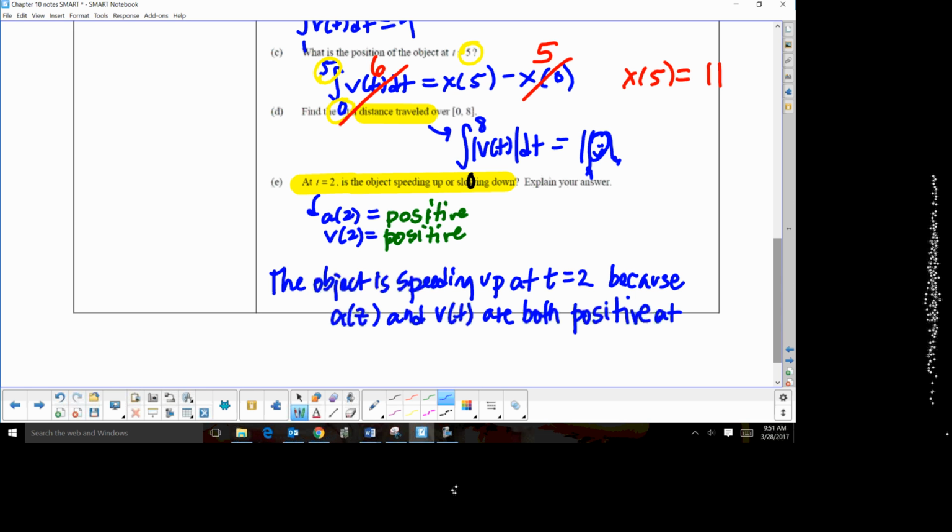So I could say at t equals 2, or I could have put a of 2 and v of 2 are both positive. That would get me the credit. Do you see the difference? Even though I wrote at time 2, I didn't imply that they're both positive at 2. Got it? Okay.